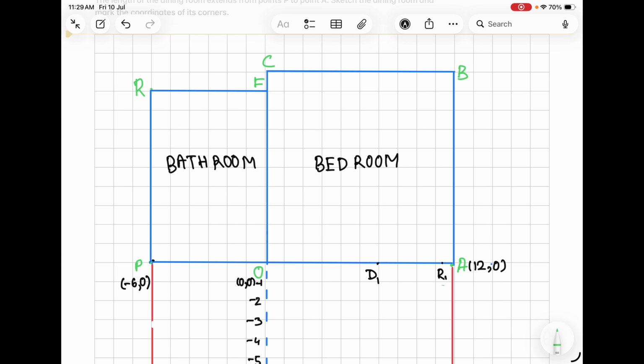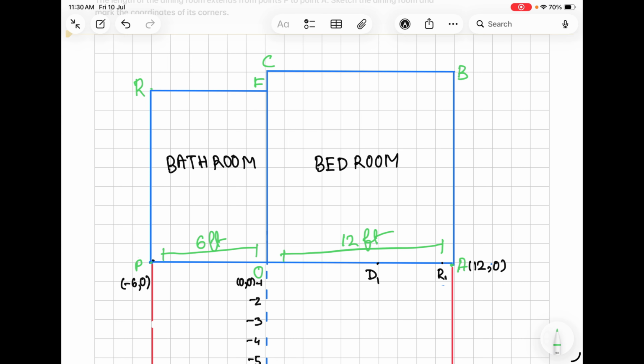So this is the length of the dining room, whose measurement is given as 18 feet. How does it come? From O to P the distance is 6 feet and O to A the distance is 12 feet.